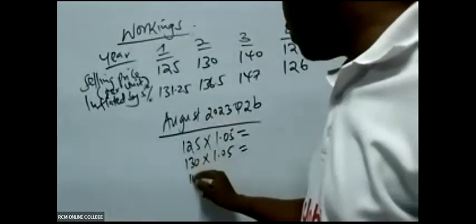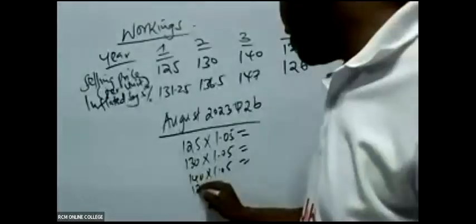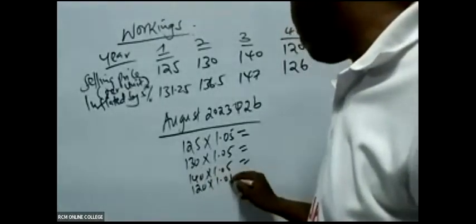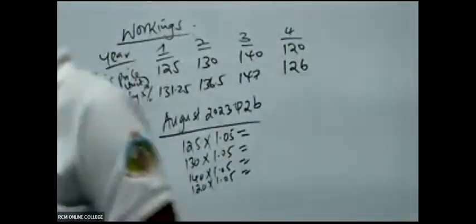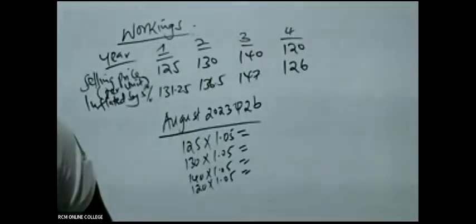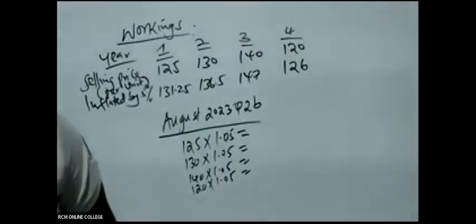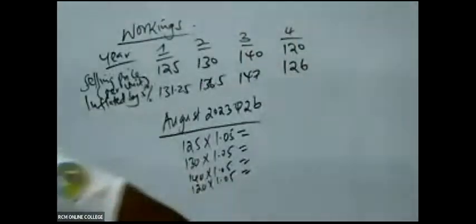You take 140, you multiply by 1.05. You take 120, you multiply by 1.05. So is that okay? Are we together now? I hope we are good.